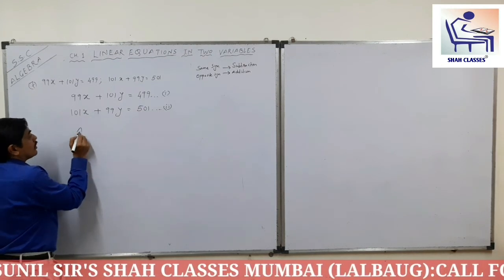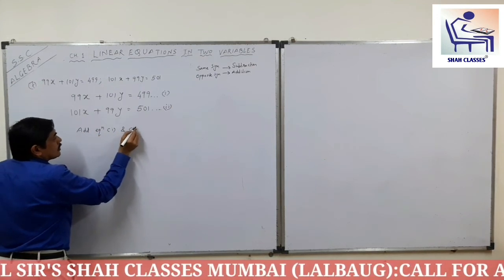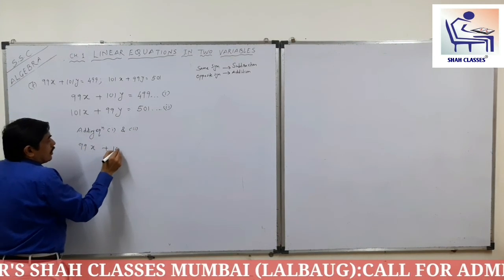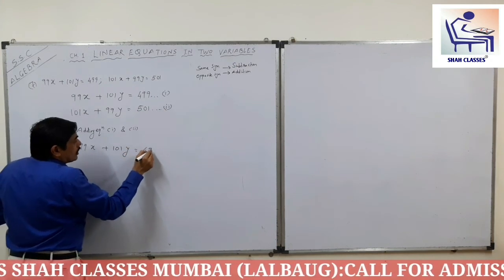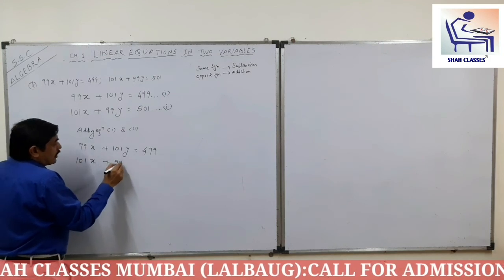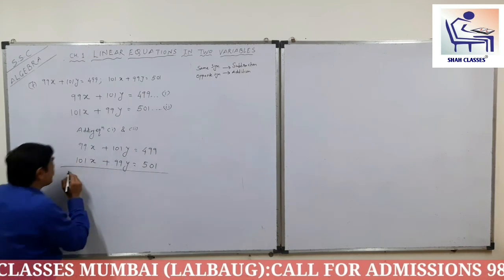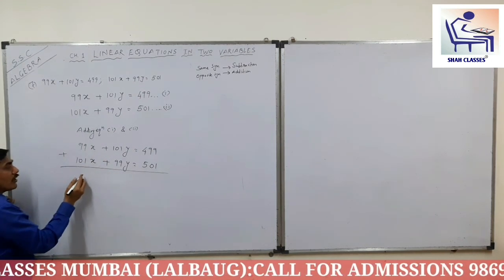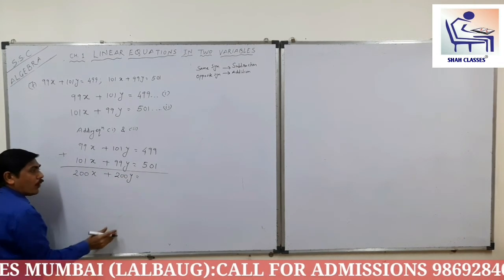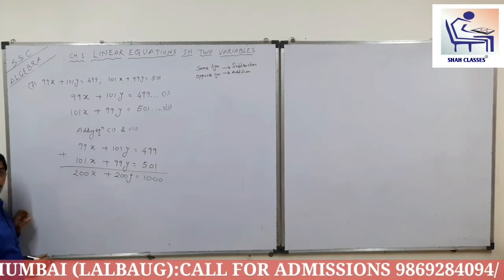Okay, so please add equations 1 and 2. 99x plus 101y is equal to 499. 101x plus 99y is equal to 501. We will add up. So 99 plus 101 is 200x plus 200y, and 499 plus 501 is equal to 1000.